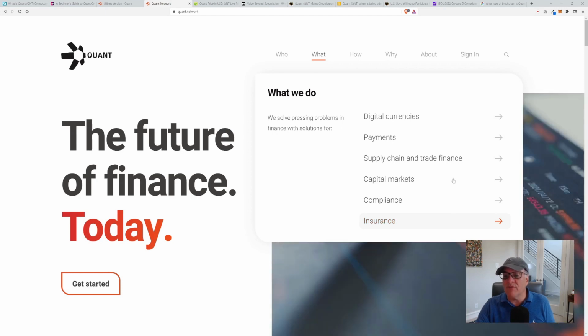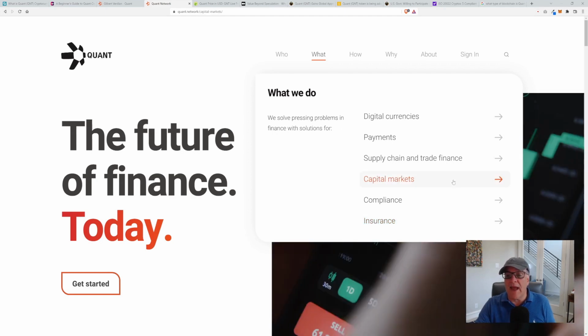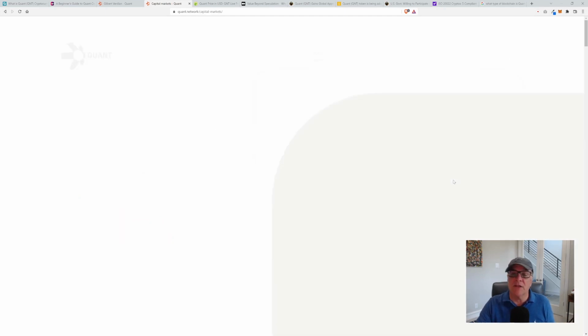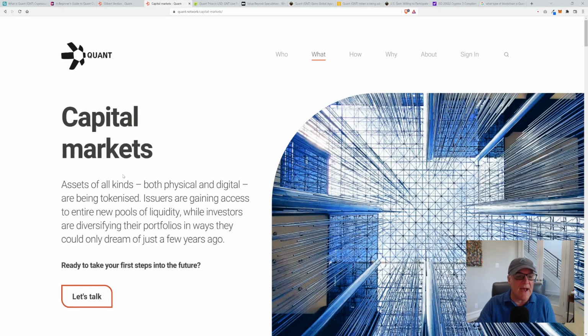I want to pull out this one right here on capital markets, because capital markets, in my view, are going to be massive. Assets of all kinds, both physical and digital, are being tokenized. Issuers are gaining access to entire new pools of liquidity, while investors are diversifying their portfolios in ways they could only dream of a few years ago.